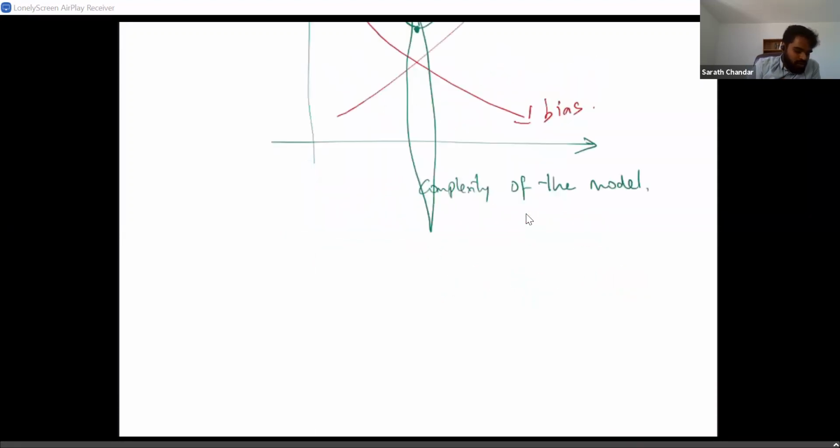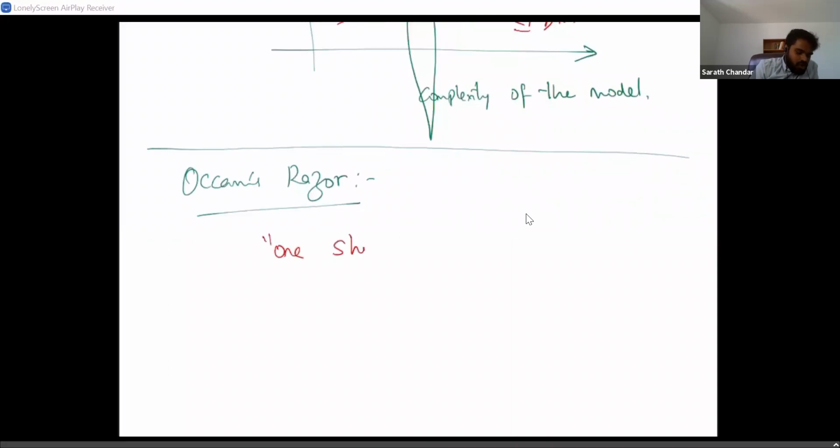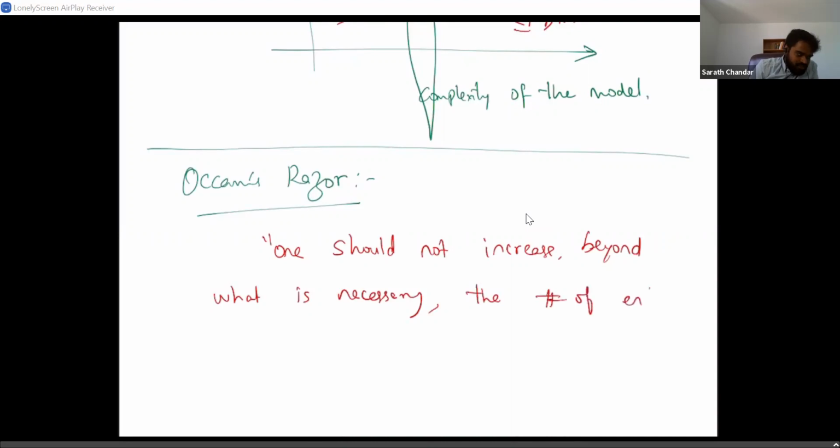To help us find the right model, there are many discussions in the literature. One of the commonly quoted hypotheses is what is known as Occam's razor, which basically says that one should not increase, beyond what is necessary, the number of entities required to explain anything.